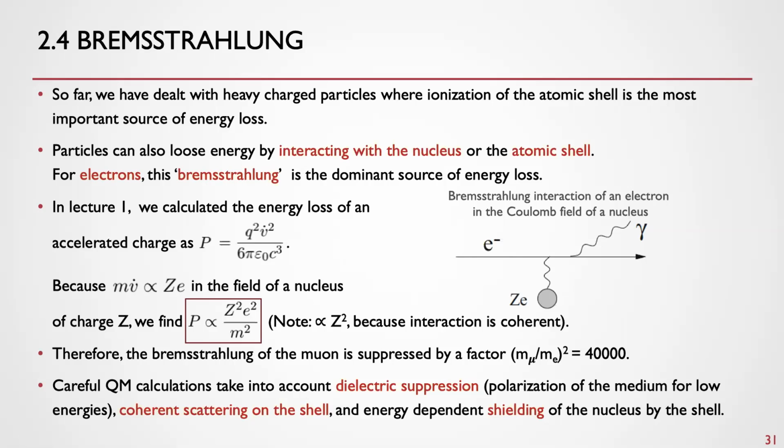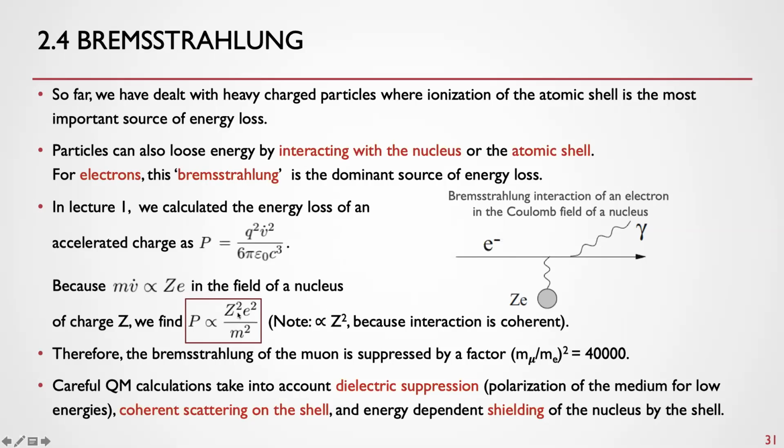We are not by far in the inelastic or deep inelastic regime. This is completely elastic, long wavelength, if you compare with our discussion in the second lecture. Because that is so, we can replace v dot by CE divided by m. That means the dissipated power by Bremsstrahlung is proportional to C squared over m squared. C squared because this is a coherent interaction.